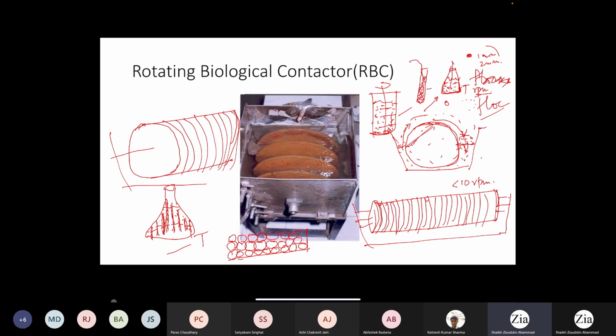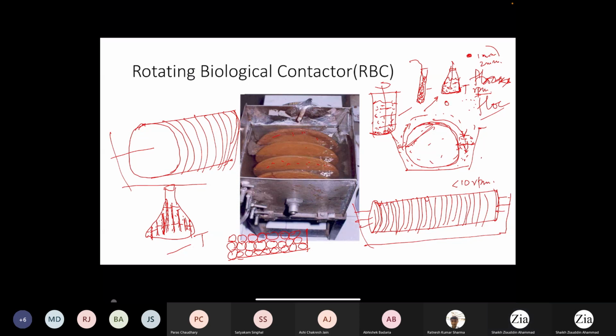That's why they are not getting detached from the plate, whereas other plates are experiencing a little bit more shear. That's why after a certain thickness, it will automatically get detached, because whenever it rotates, it will encounter a certain amount of shear.